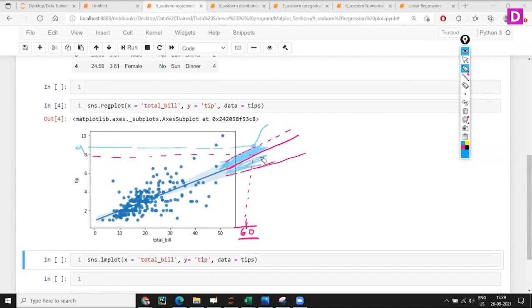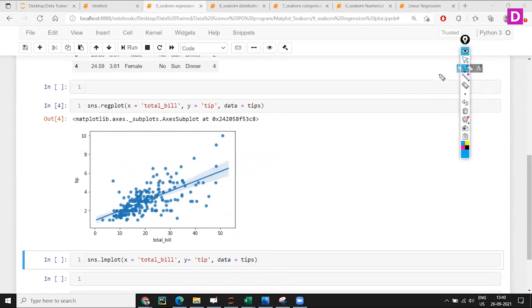And on this side, the minimum you can expect is say $6. The average tip you can expect is around 8. So it is going to give me a prediction, some kind of a prediction. So that is basically what this regression line does.